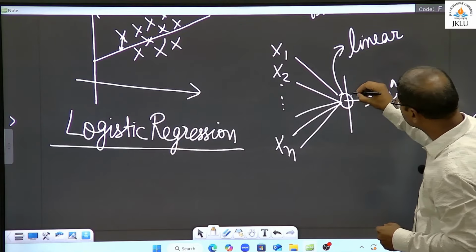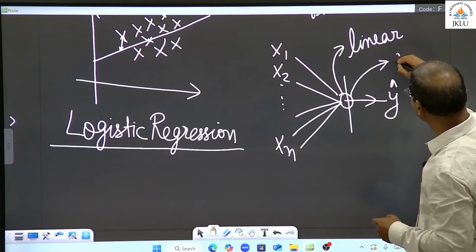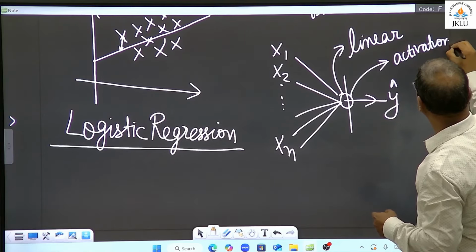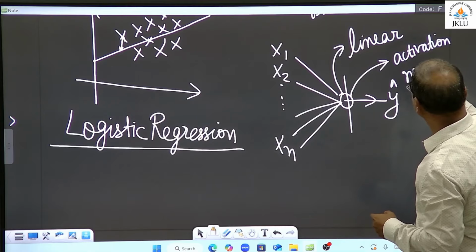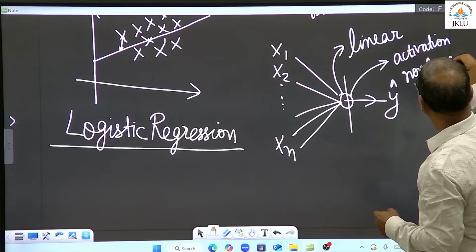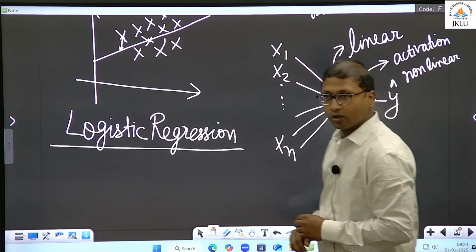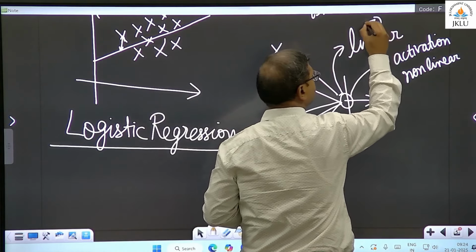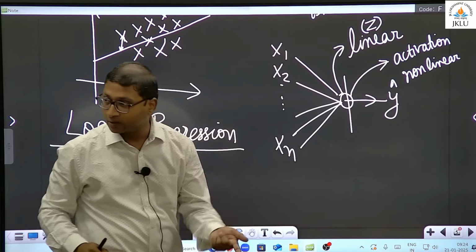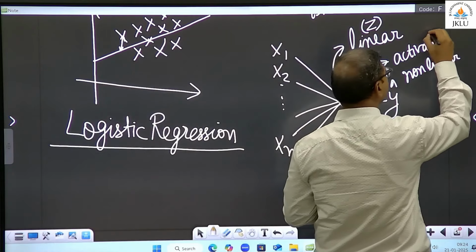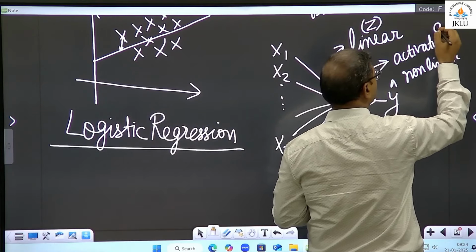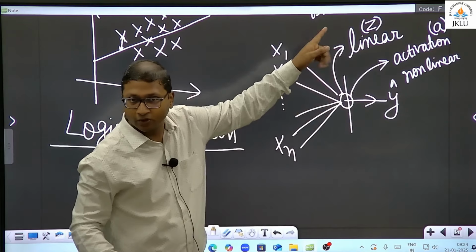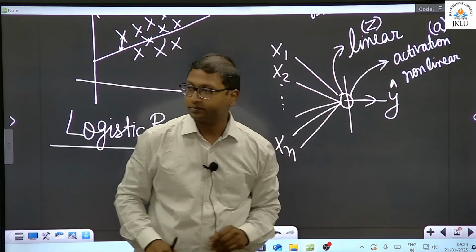And this takes activation, or non-linear part. Throughout this course, we will use letter Z to denote linear computation, and we will use letter A, unless I change it at some point of time, to denote non-linear.